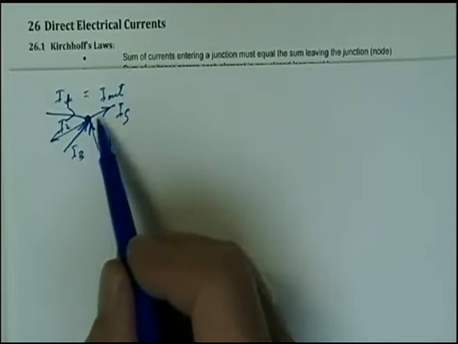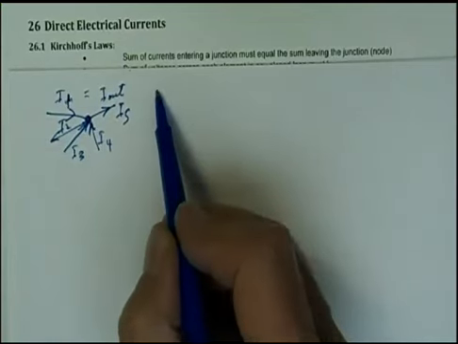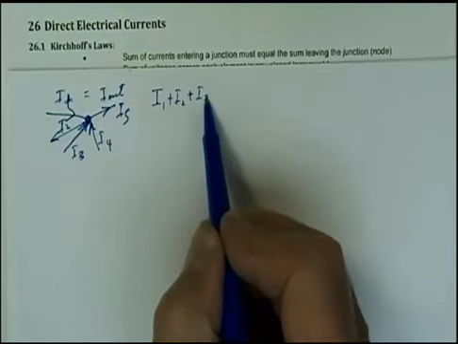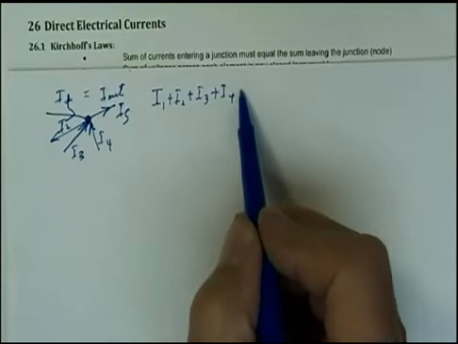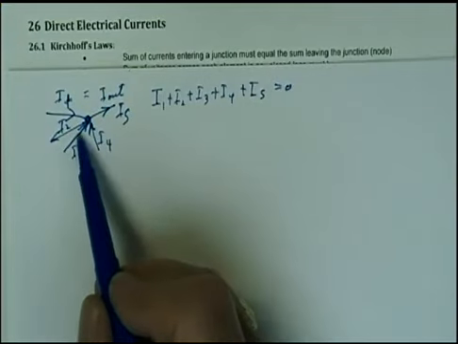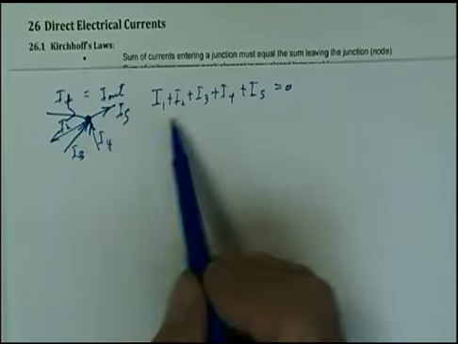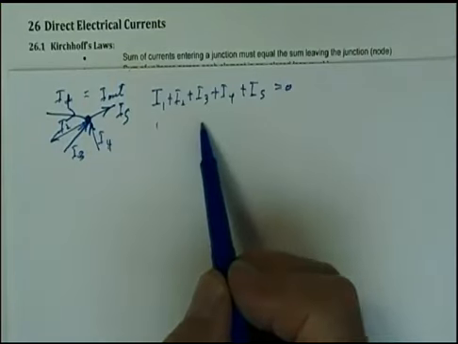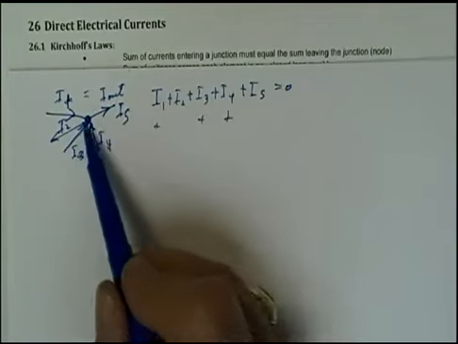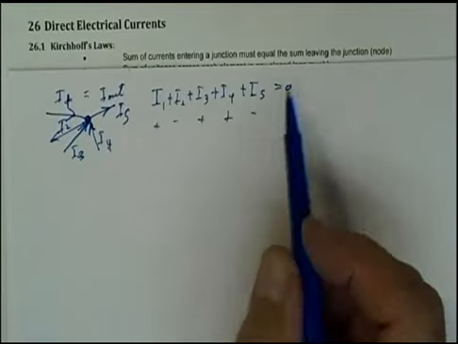Then, taking positive as coming in, we can simply say that I1 plus I2 plus I3 plus I4 plus I5 is equal to 0. In this particular case, we'll notice that I1, I3 and I4 are positive, and I2 and I5 are both negative because they're both going out.